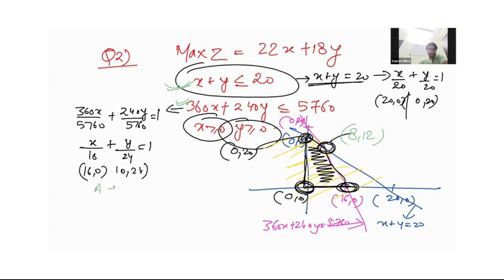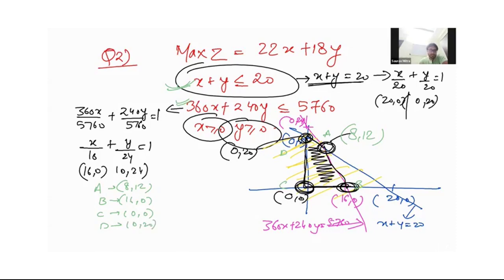Now you have A, B, C and D. Let us suppose my A is 8 comma 12, my B is 16 comma 0, my C is 0 comma 0, and D is 0 comma 20.